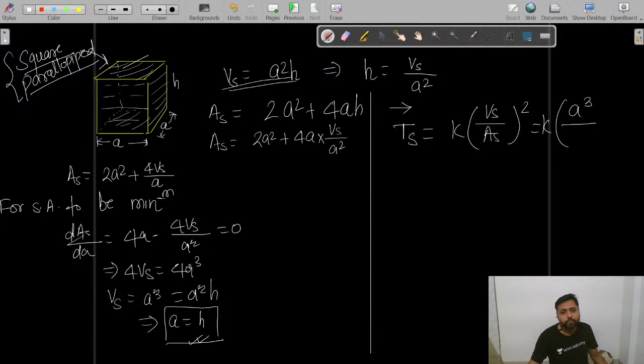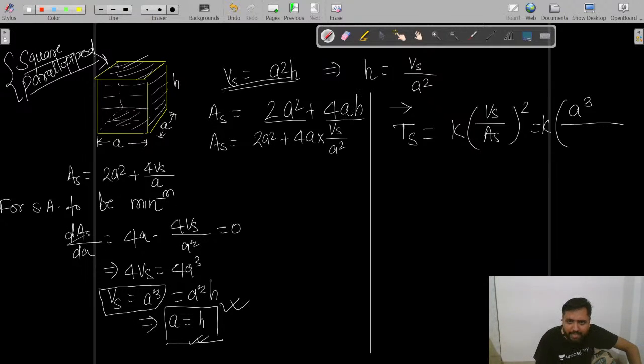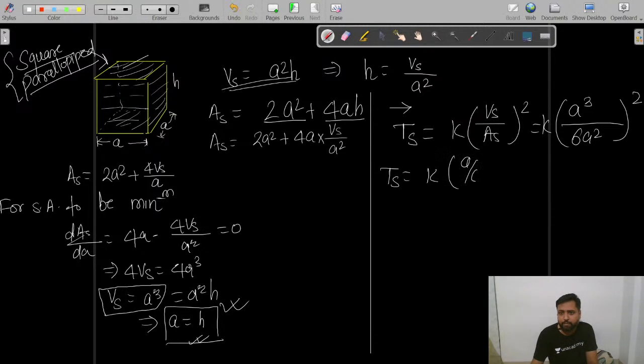Just now we calculated, Vs is equal to A cube, and divide by surface area, which is 2A square plus 4AH, and for minimum surface area you found that A is equal to H. So if you replace this H by A, this will become 4A square plus 2A square, 6A square. So this will become (A cube upon 6A square) whole square. So that's how Ts will be K into (A by 6) whole square.